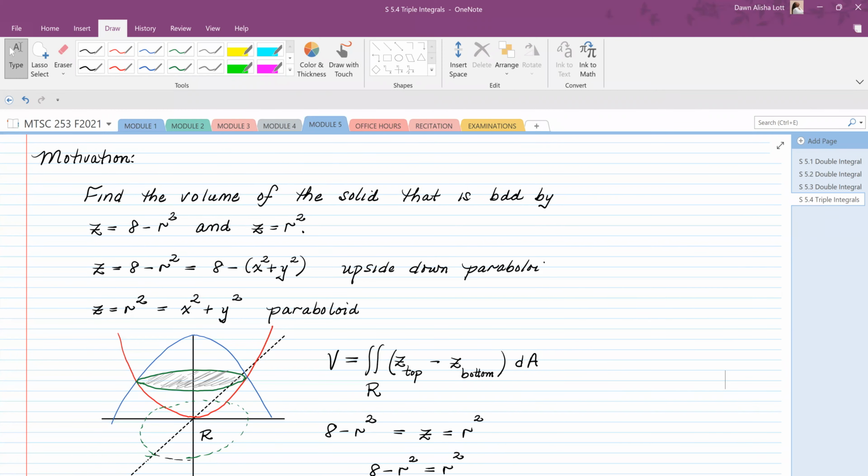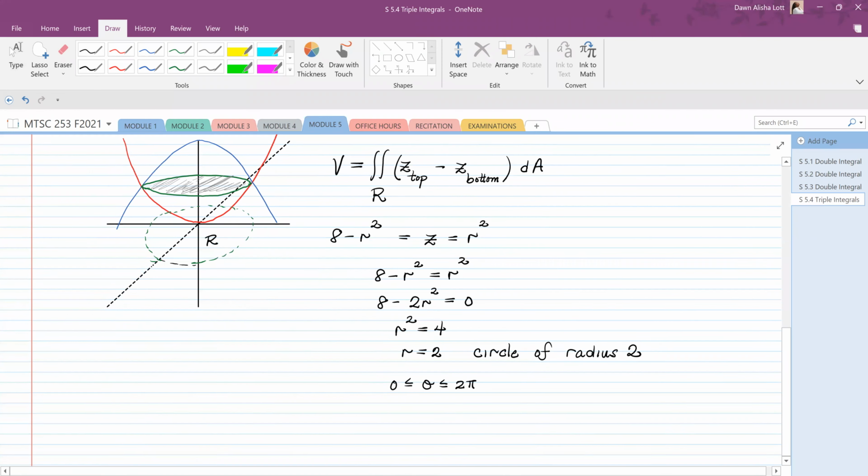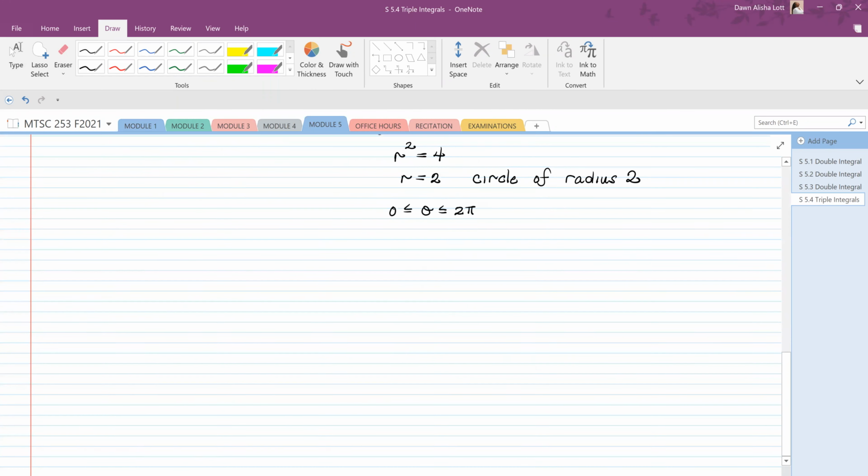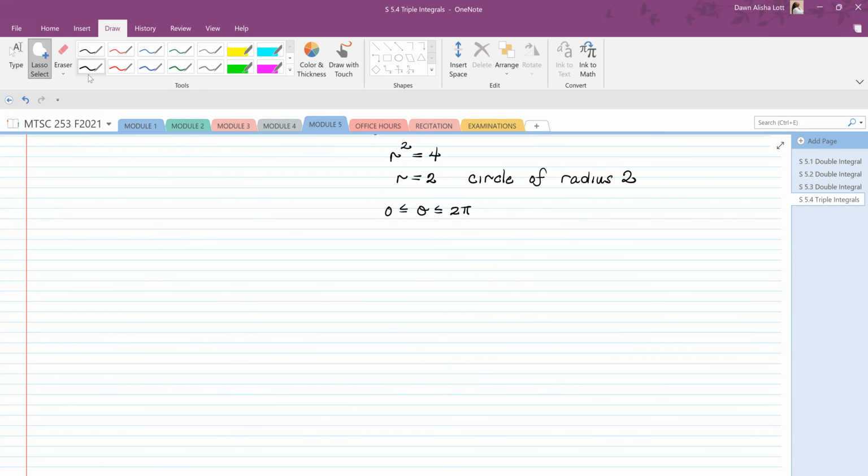From this previous problem, we have the double integral over the region R of Z top minus Z bottom dA. I can also write that. So this is the motivation.